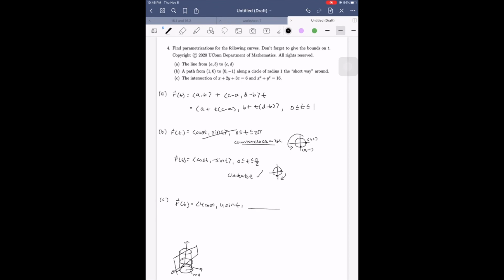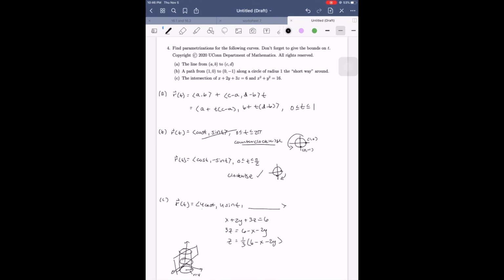Now we look for z. We can take this equation and solve for z instead. So we have 3z equaling 6 minus x minus 2y, and then z equals 1/3 times (6 minus x minus 2y).